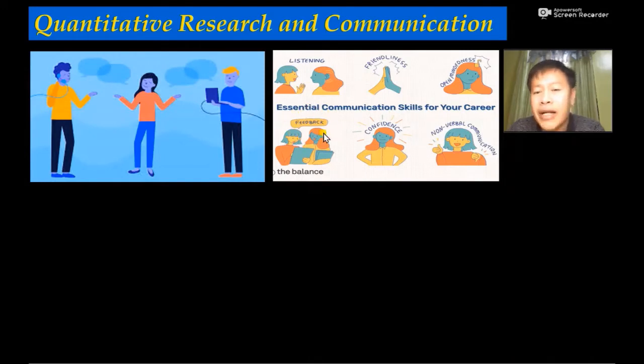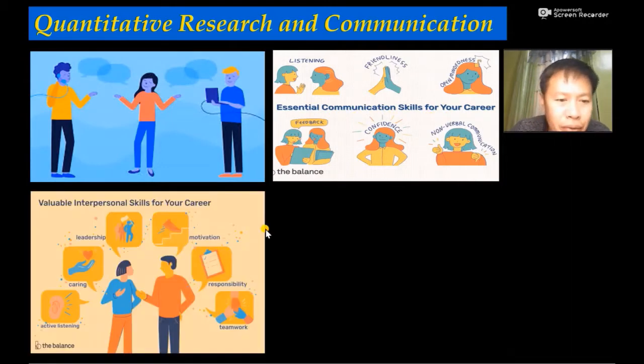It means that you cannot hurt somebody just to tell him that he is weak in a particular area. And confidence. We have the non-verbal communication skills. And that is because of quantitative research, because there are so many quantitative researches talking about these essential communication skills to improve our career.